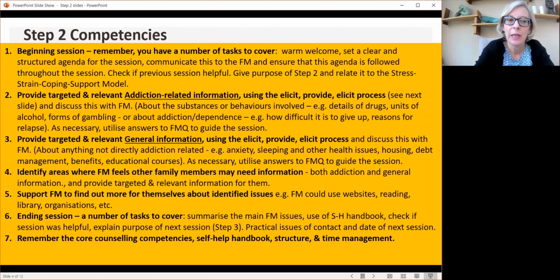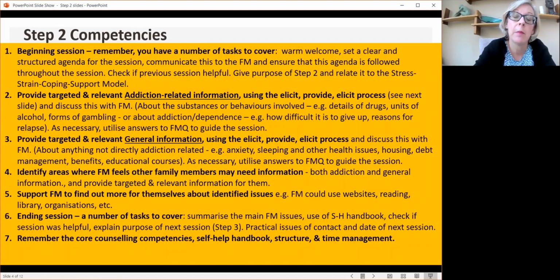After the specific information around that, it's about what general information the family member might want. And all kinds of things, mental health, finances, legal situation. And it's particularly important here to have the answers to some of the family member questionnaire questions, especially the ones around stress and strain can be useful.